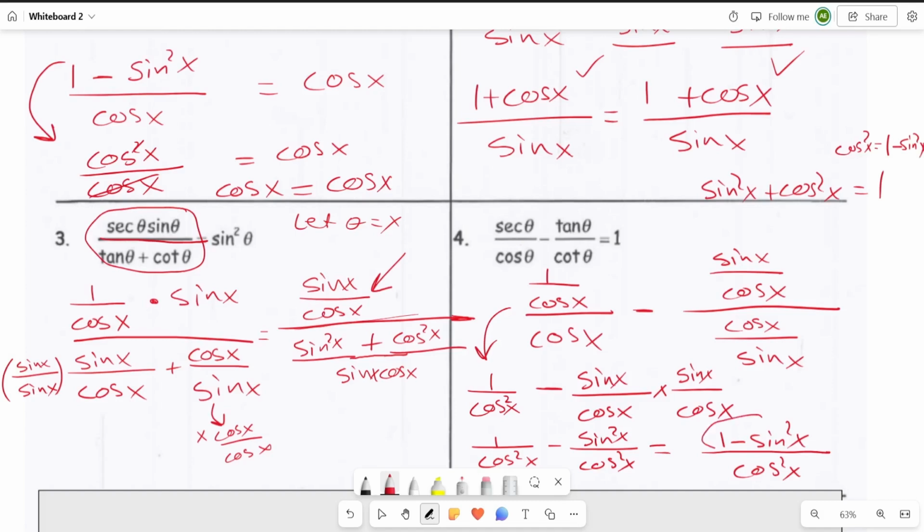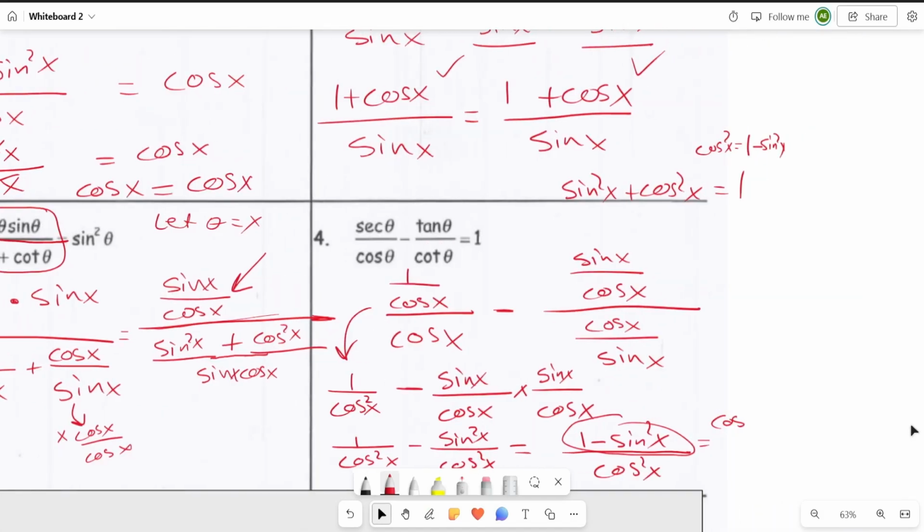So this part would be replaced with a cosine squared of x over a cosine squared of x, which is basically anything over itself is basically a 1, which is going to give me the one that I was looking for to prove this.